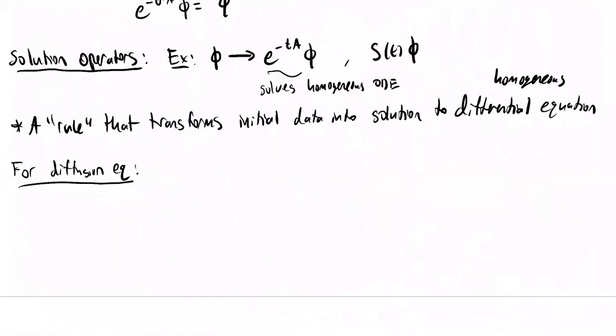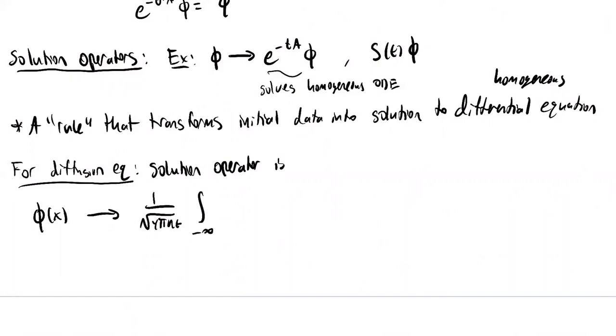Right, and so the operator is given by, well, I take my initial function phi of x and I transform it to this integral, 1 over square root of 4 pi k t, integral from minus infinity to infinity. Then I have this Gaussian term, which is the source function, and then times phi of y, right? And so this solves the homogeneous IVP with initial data phi.